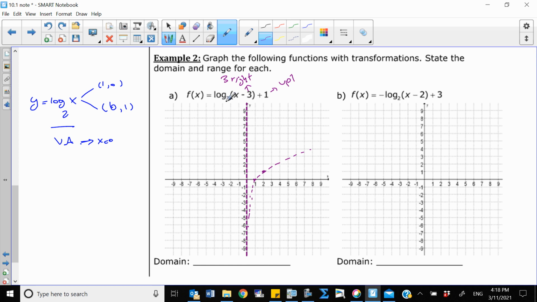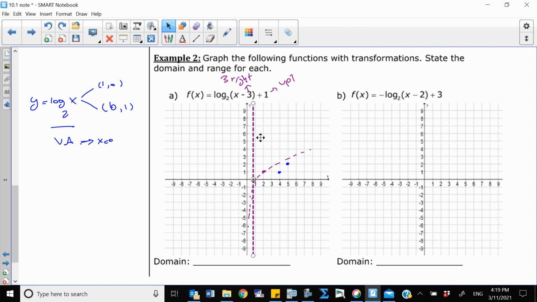Now, how about the new function? It's moved right 3. So any point that I have here is going to be moved right 3 and also up 1. So this point moved right 3 is going to be here and then up 1. This one right 3 and up 1. So it will be here. Now, if I move my function right 3 and up 1, the transformations are going to happen at my asymptote as well.